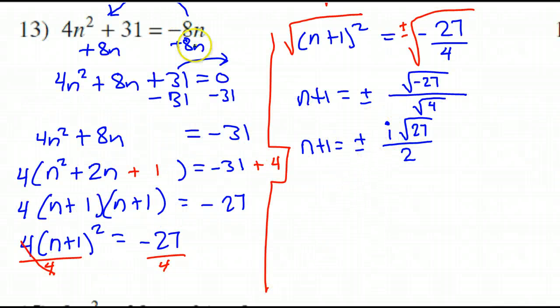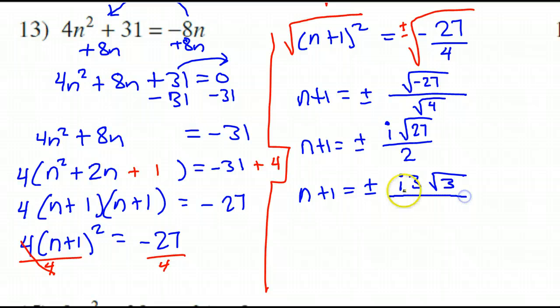So n + 1 is equal to plus or minus, now it would be i and then 3 radical 3, except I just told you that if you have a number and a radical like this, the i actually goes in the middle. So I'll just move the i over. Boom. So I have this.